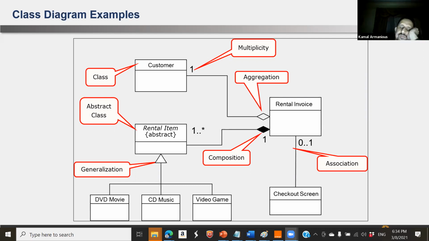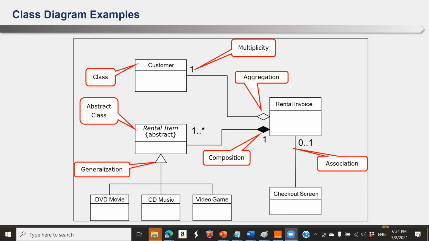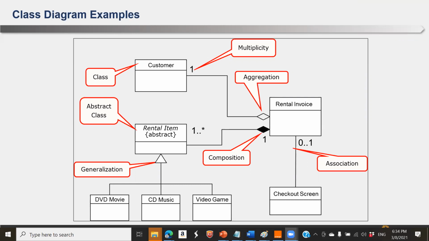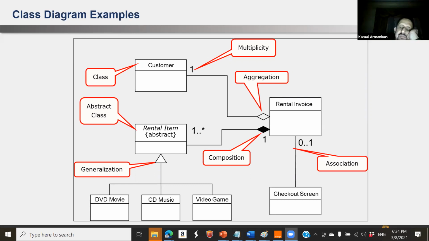And he pays by himself, so he gets the invoice, and after he gets the invoice he gets the checkout screen. No, before he gets an invoice, he gets a checkout screen. Or after? It's shown here approximately after. It can be before or after. It doesn't matter for the class diagram.